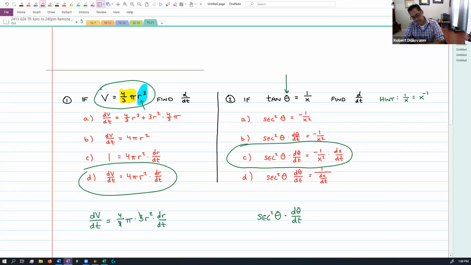Chain rule, right? And then that must equal, on the right side, if you look at this as x to the -1, you have to use the power rule. So -1 comes out, x to the -2 power, times, now again, you have to take the derivative of the base, the derivative of x with respect to t, which is not 1, it's dx/dt. And then you could rewrite x to the -2 as 1/x squared, which is where we get this from.